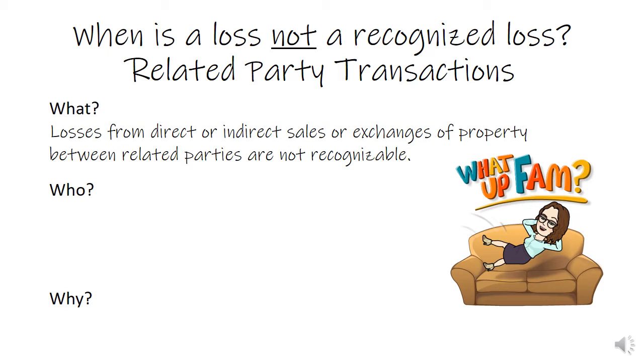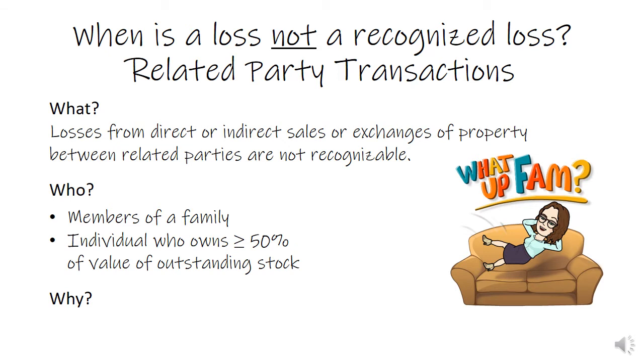Now, what do I mean by related parties? As far as the tax code goes, related parties mean members of a family, as well as any individual who owns 50% or more of the value of outstanding stock of a corporation. That individual is effectively the corporation.